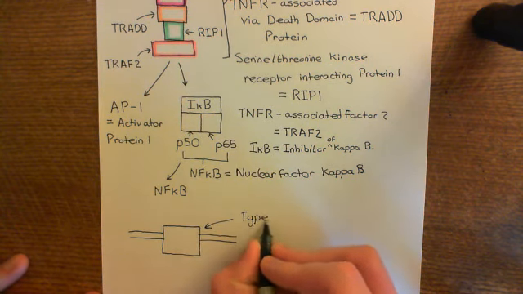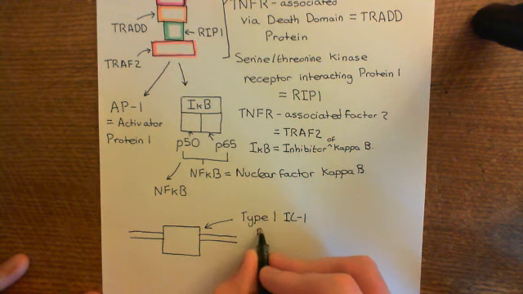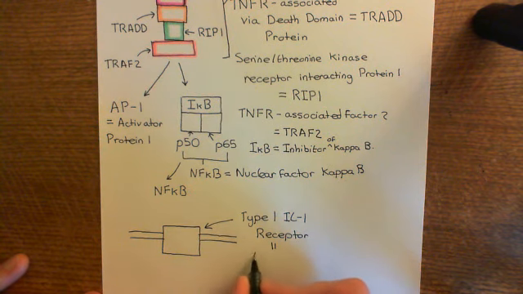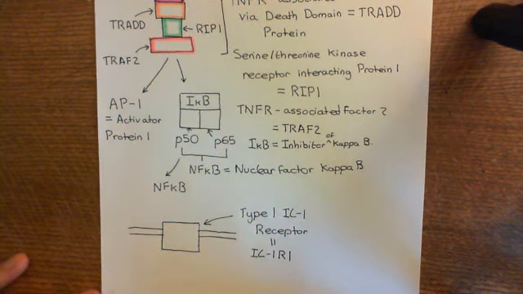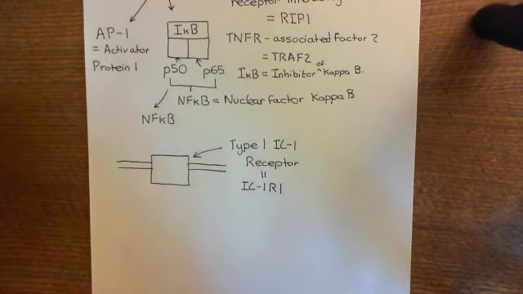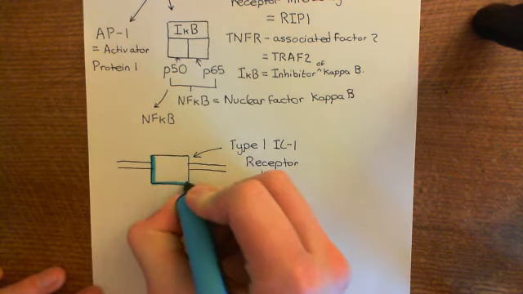So on the basolateral membrane of our endothelial cell, we have the type 1 interleukin-1 receptor. This is usually denoted as the IL-1 for interleukin-1, and then you put an R for receptor, and then you put another 1 to denote that this is the type 1 interleukin-1 receptor. Let's give it a colour. We'll let it be blue here.